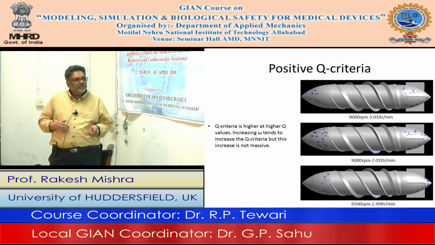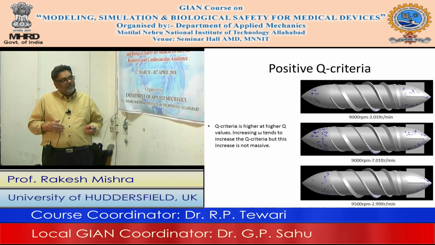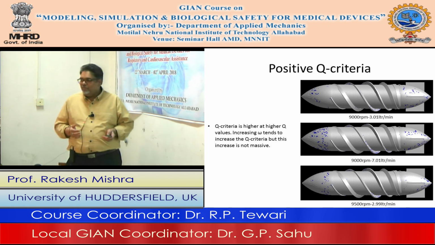And it can happen anywhere within the device. So we have to know locally what the wall shear stress is at different particular points. Mostly it is okay, but you can see pockets here where it is very, very high. Isn't it? So you have to do something about it if you just leave it there.